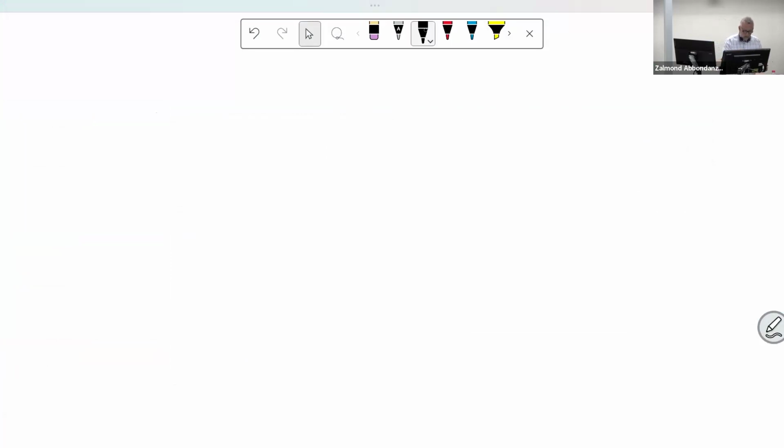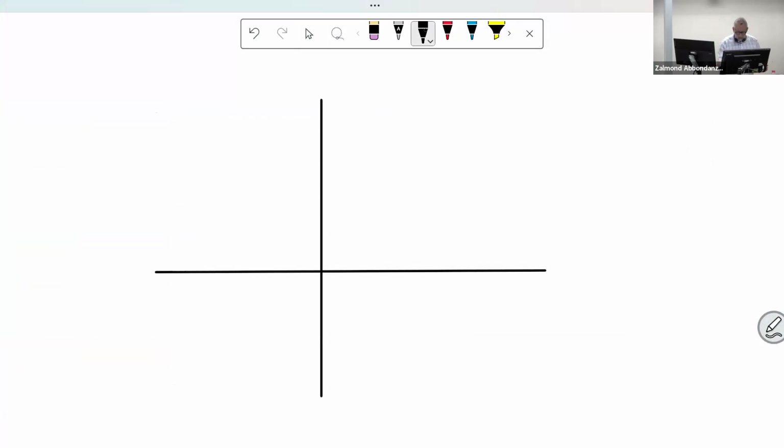All right, so the axis is x, here's f of x. And let's say we have a function that looks like this.